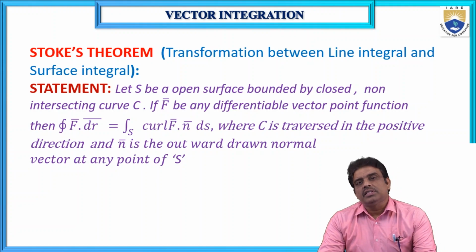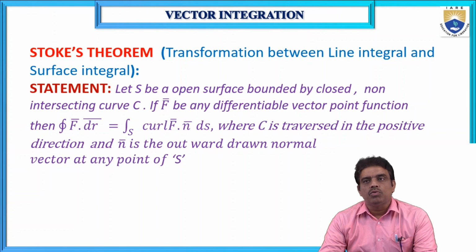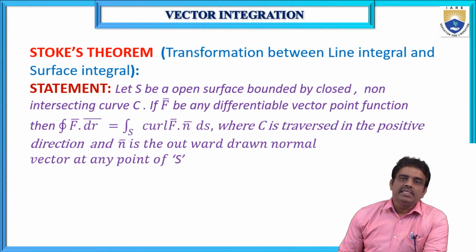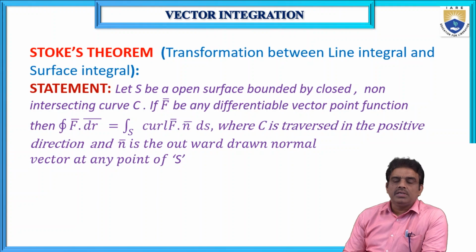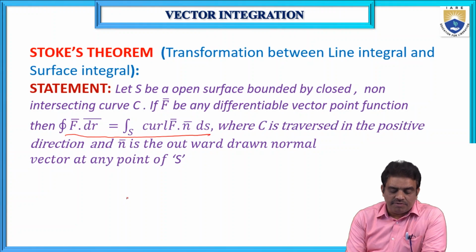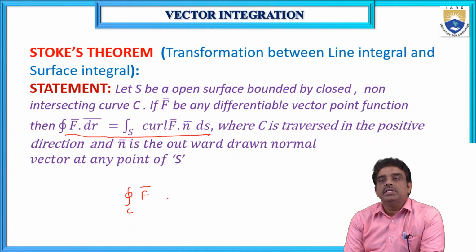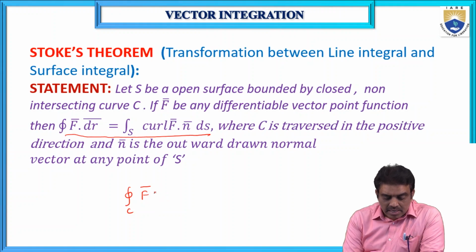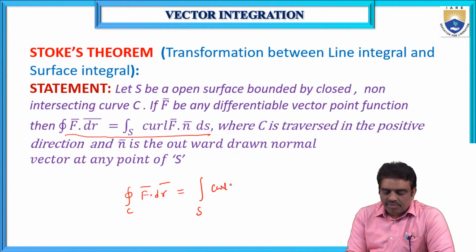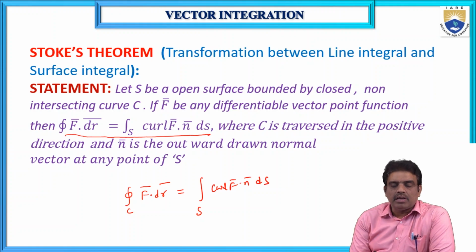Now see the statement of the theorem. Let S be an open surface bounded by a closed non-intersecting curve C, and if f bar is any differentiable vector point function, then by this theorem, integral over the closed curve C, f bar dot dr bar, where f bar is the differentiable vector point function and dr bar is dx i bar plus dy j bar plus dz k bar, is equal to integral over S, curl f bar dot n bar ds.